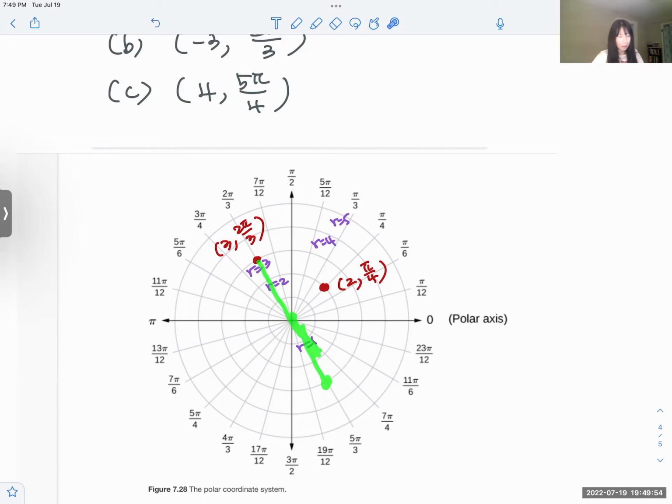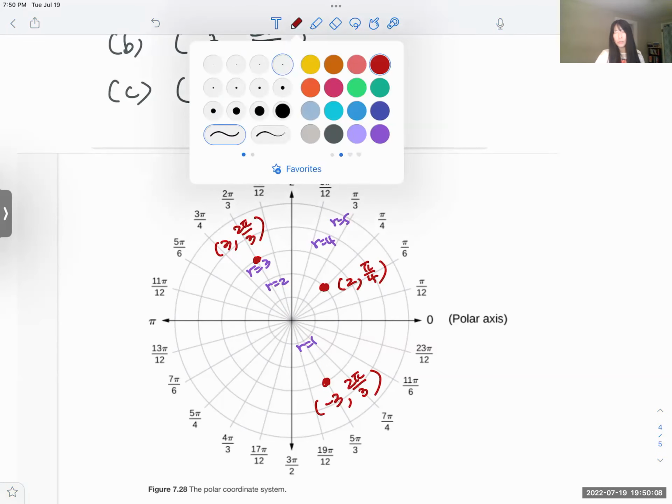Make sense? Let me write it down. First of all, we plot (3, 2 pi over 3), then the radius is the opposite, -3.